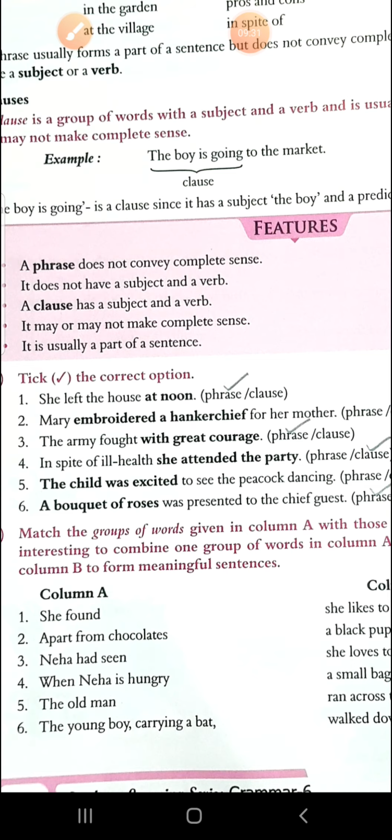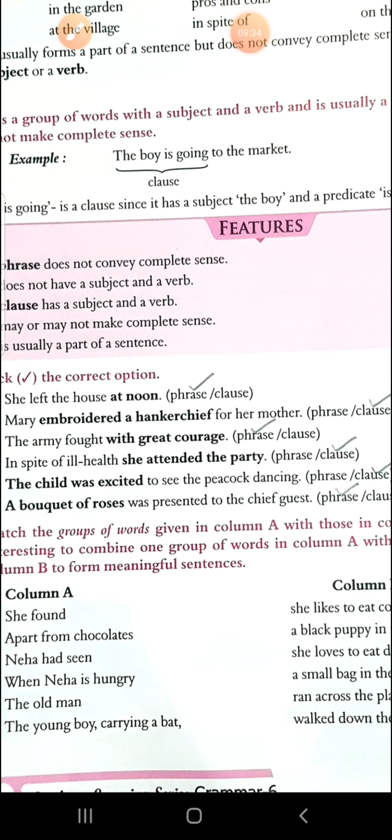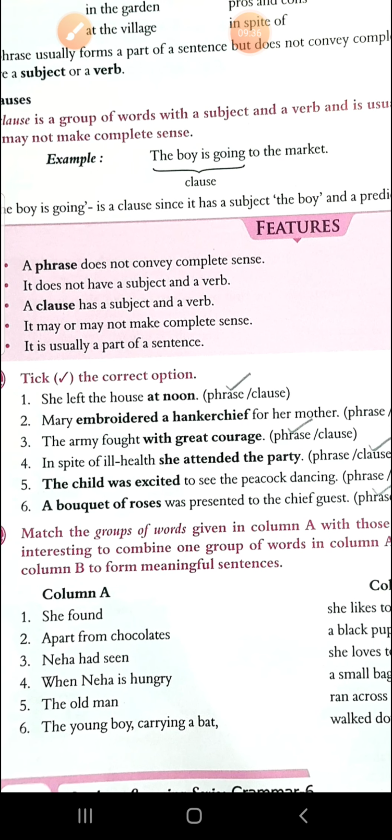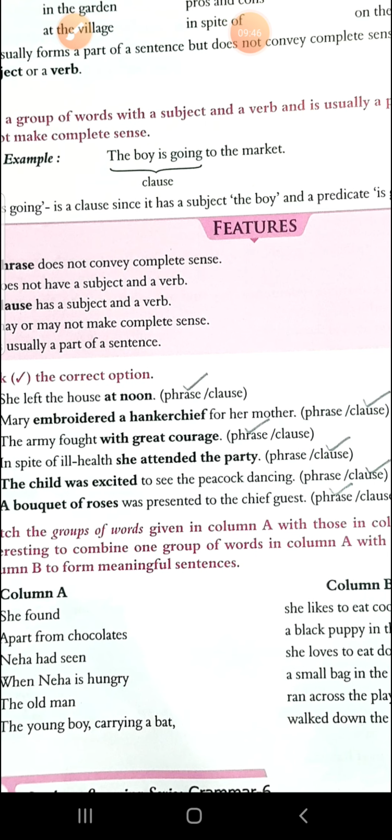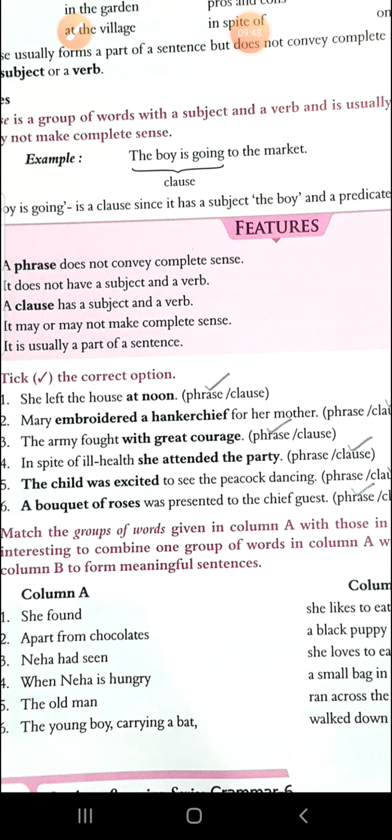Alright. Now see the sixth one. A bouquet of roses was presented to the chief guest. So in this, a bouquet of roses, can you find any verb? No. So if you can't find a verb or a subject, then that is a phrase.